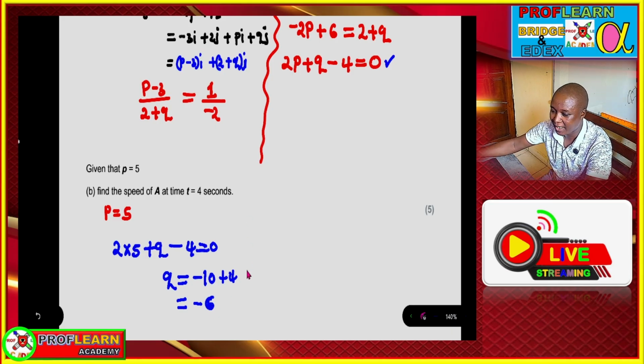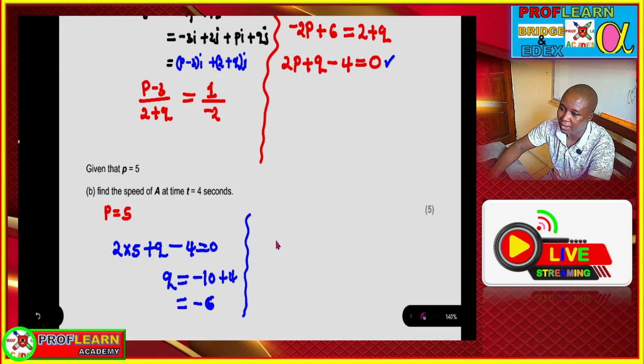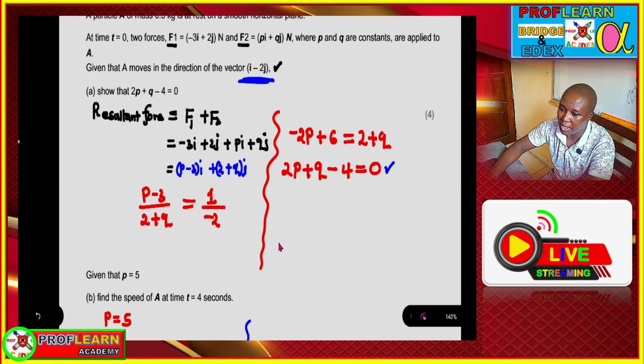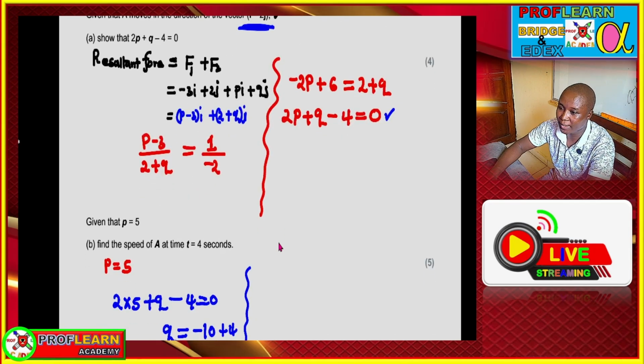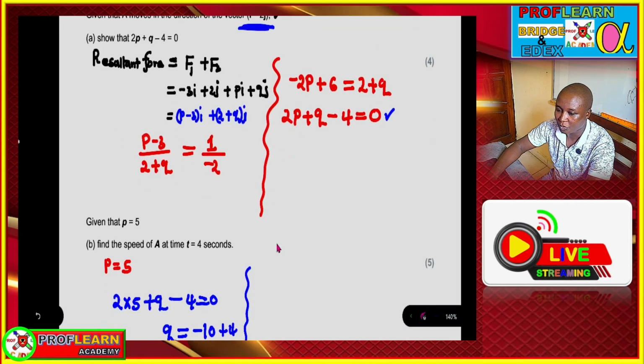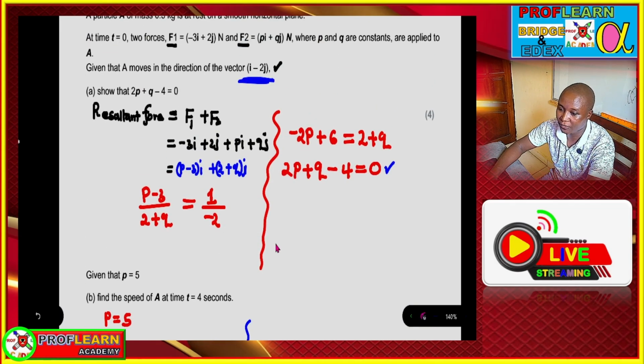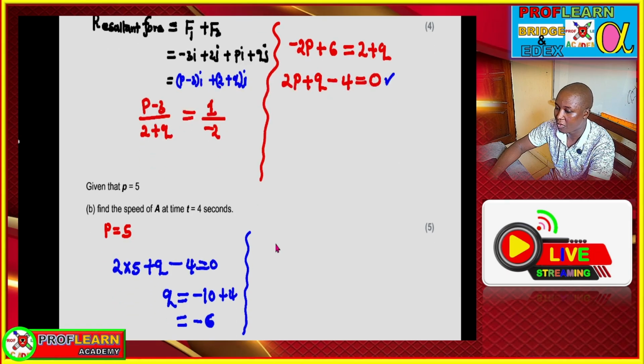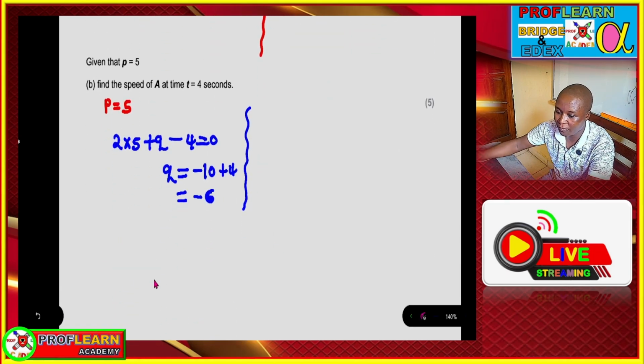Negative 6. So meaning we can find the resultant force. If we have the resultant force, let's first substitute it.